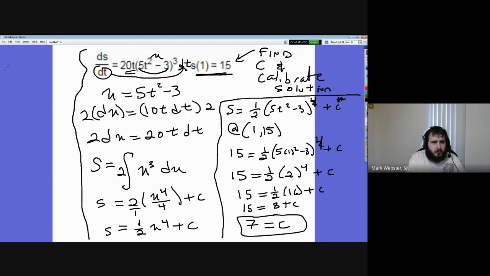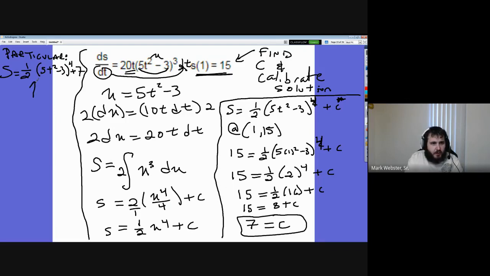Five t squared minus 3, to the fourth, plus c, which is 7.